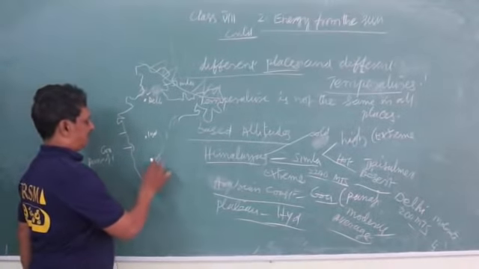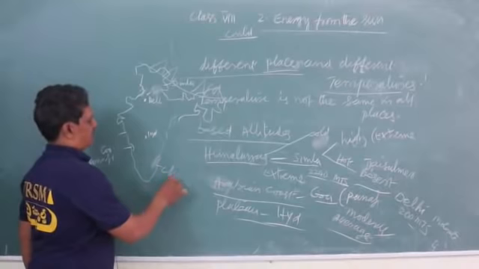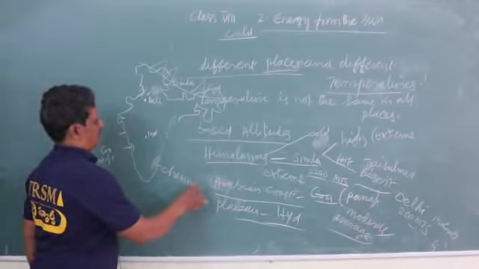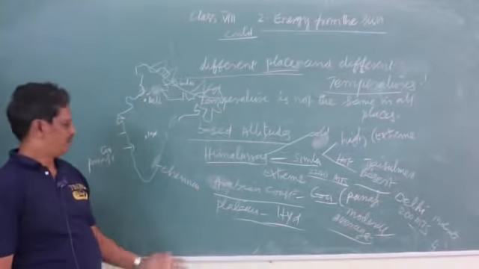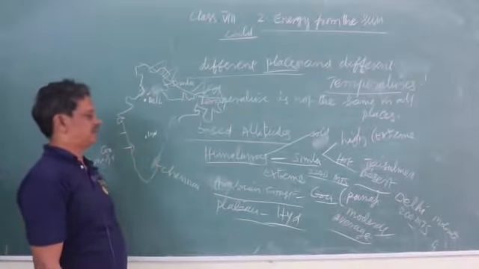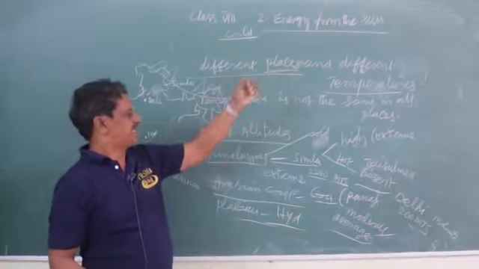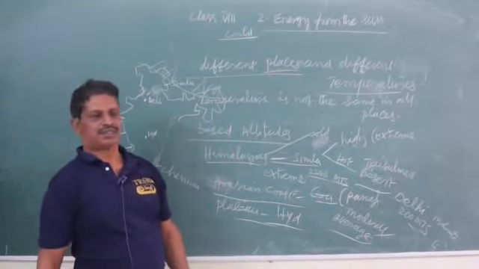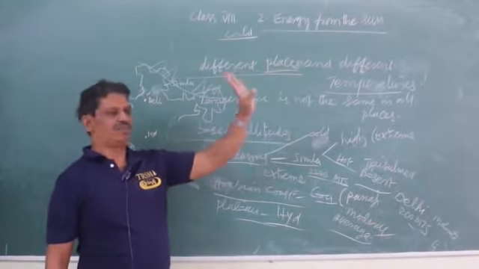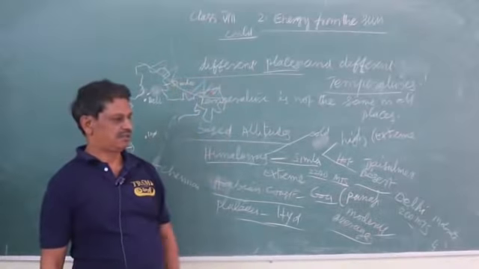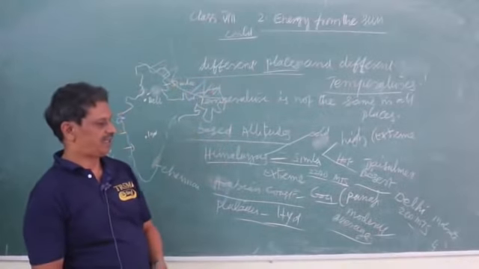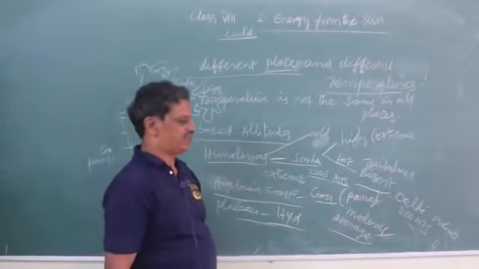Take for example Chennai, it's on the coast. This is Goa. So temperature is different, places are different. Temperature is not the same in all places. You understand?